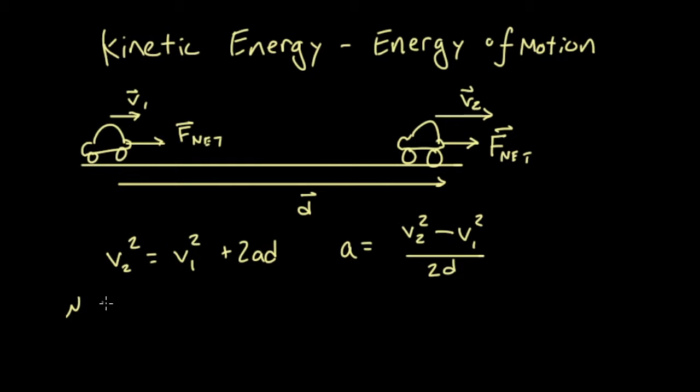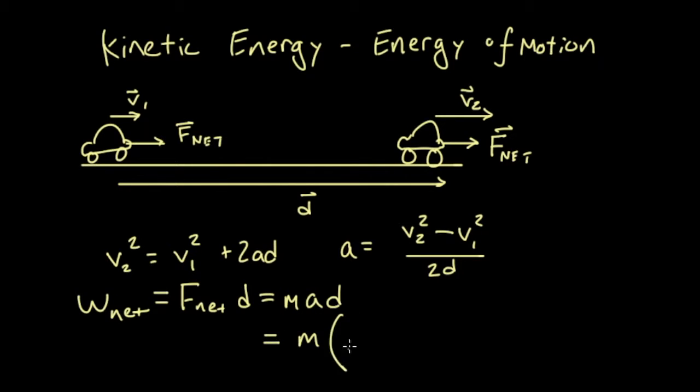And we know that our net work will equal F net times d, which we can write as mass times acceleration times that displacement. And now we're going to replace a with this form here. So we're going to get this formula.